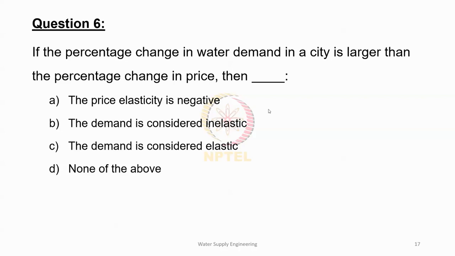Option C, the demand is considered elastic. Option D, none of the above. That is, in the earlier equation, dx by x is greater than dp by p. Then what is the condition?